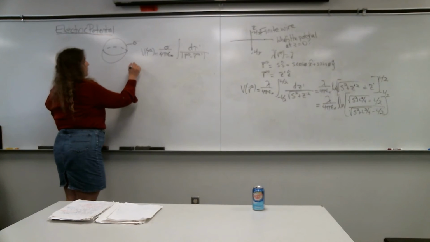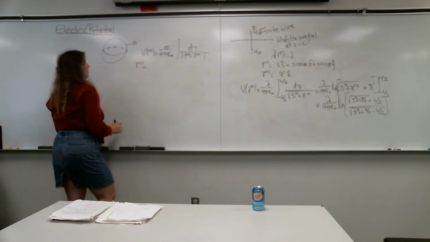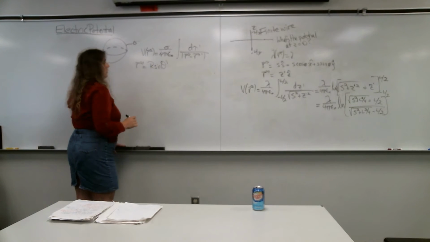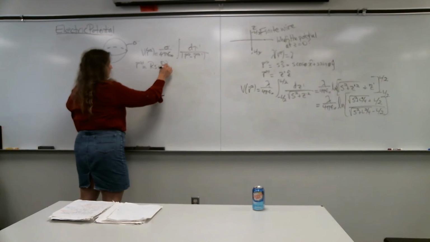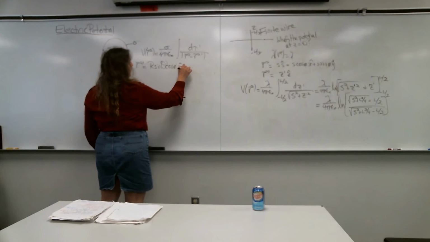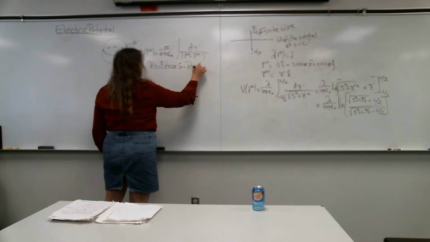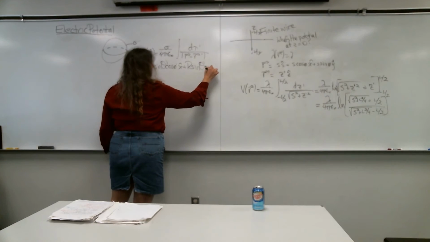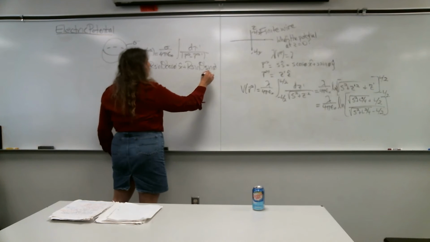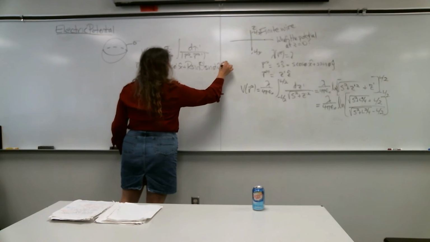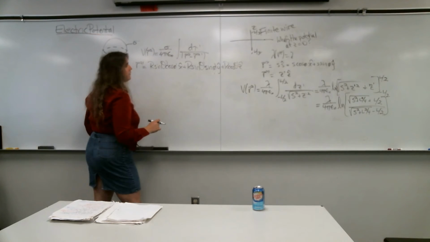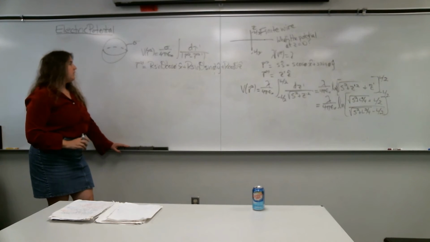So our r prime in this case is equal to capital R sine theta prime cosine phi prime in the x direction plus R sine theta prime sine phi prime in the y direction plus R cosine theta prime in the z direction.